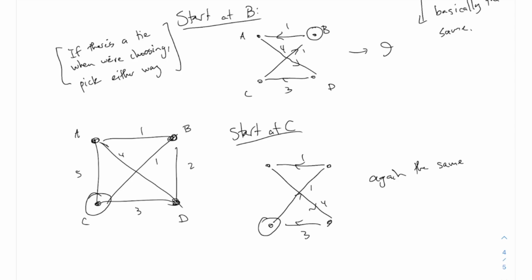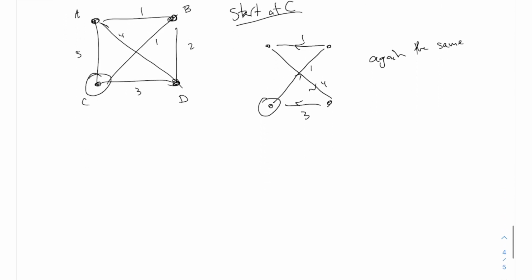Check it out though. If we start at D, what happens? Starting at D, my choices are the 2, the 4, or the 3. So I'm going to use the 2. And now you can tell it's going to be different, because none of those other answers actually used that edge on the right side. Starting at D, you pick the 2 first.